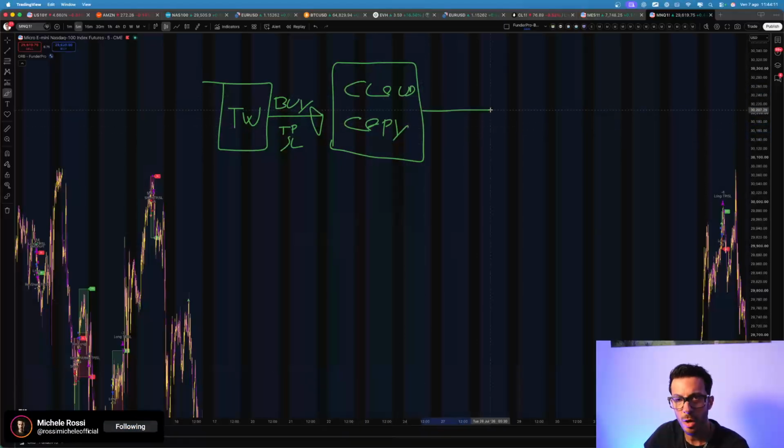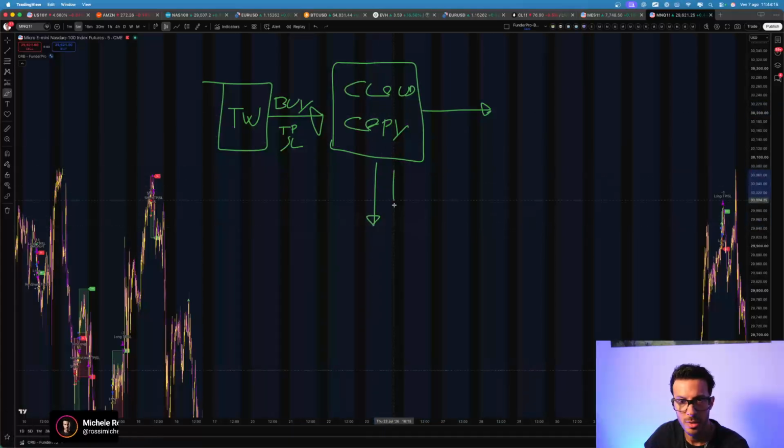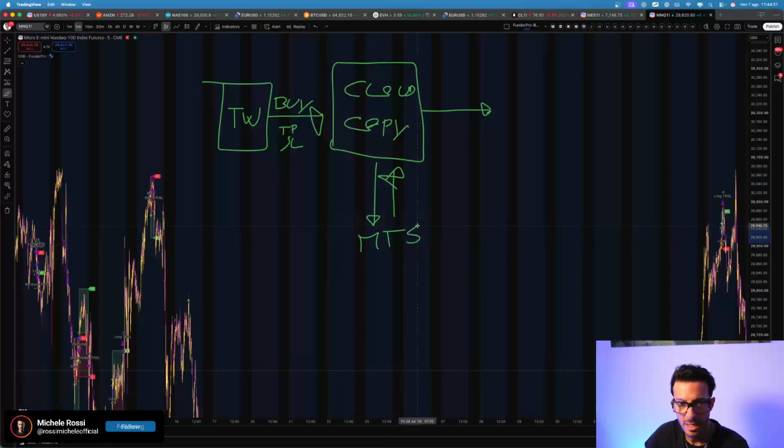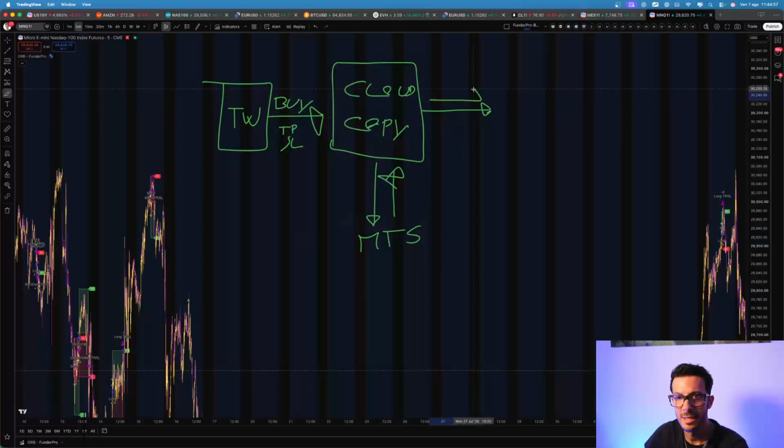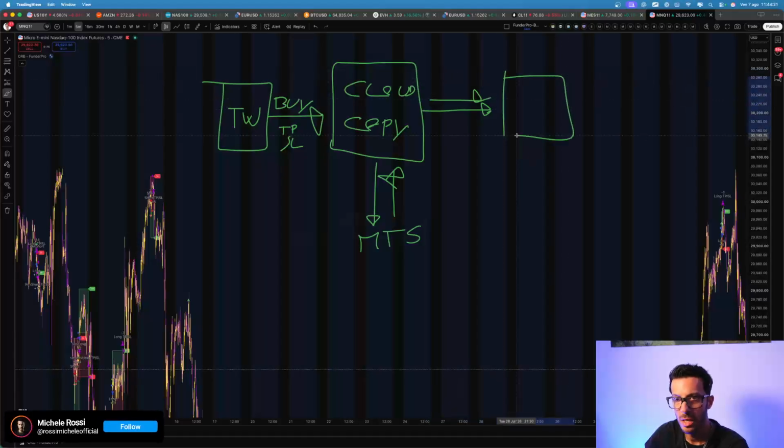The cloud copier is where you put your account password and login. Let's say you have MT5. You put your MT5 login and password, and the cloud is going to send and replicate the same exact trades in your actual Funder Pro MT5 account.